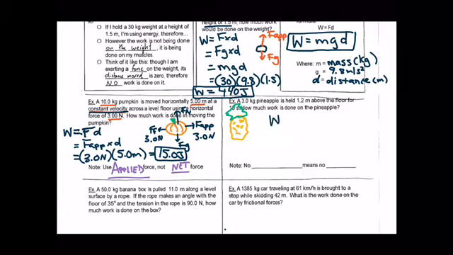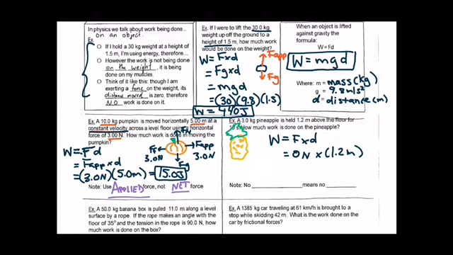So we've got work, which is force times the distance. There's no force that actually ends up happening here because you're already just holding it. And then the distance is 1.2 meters above the floor. But because I'm just holding it, your work is actually being done on your muscles now. And that's stated up here as well.